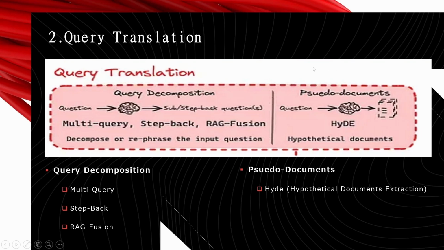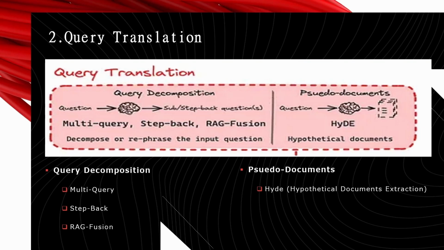Next we have pseudo documents. What exactly is it, and how does it work? Whenever you write the query, it will generate a hypothetical document: what should be the answer to that query. That answer is generated with the help of an LLM.